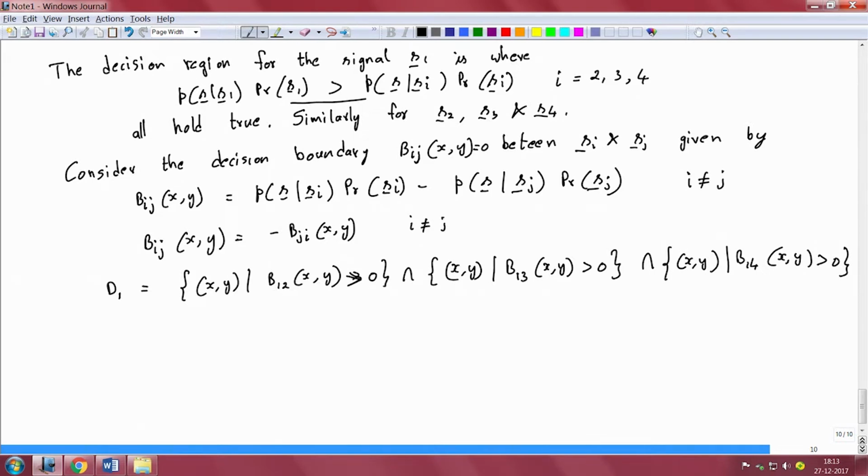So, this is essentially the decision region for the signal S1. Similarly, we can define the decision region for S2, S3 and S4. It is going to be in a similar form, where it is going to be the intersection of 3 sets.